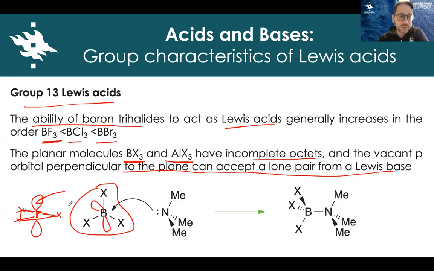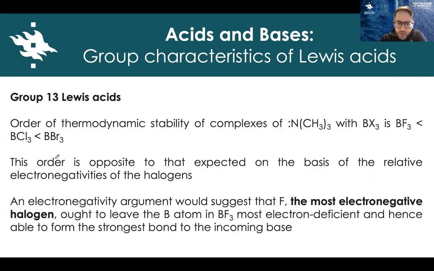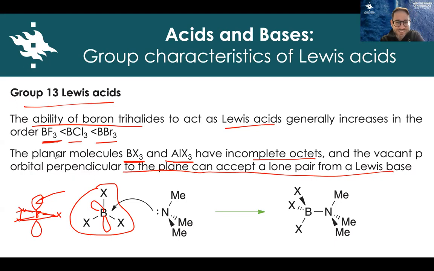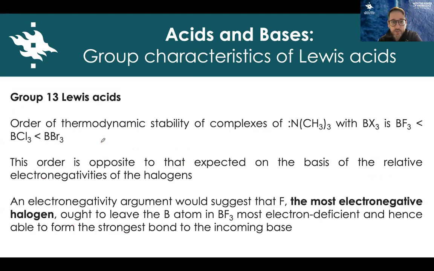And the trend is that the fluoride has a lower acidity than the chloride and the bromide. And actually, this order of acidity is the opposite to what we would expect just based on the electronegativities of the halogens.